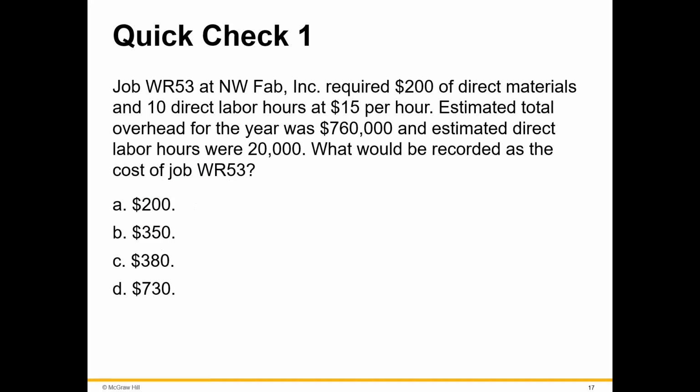It's very similar to the example we did, but this gives you an immediate practice. Okay, so we can enhance our understanding and application. In other words, you need to find out the total direct material, direct labor, and applied overhead.